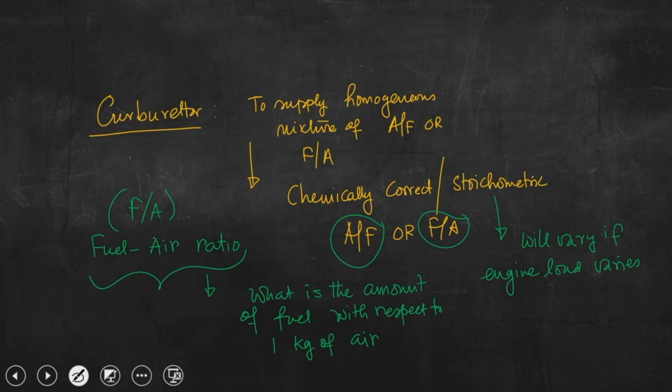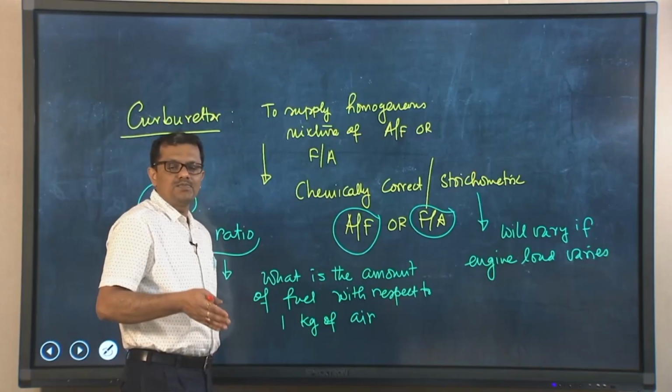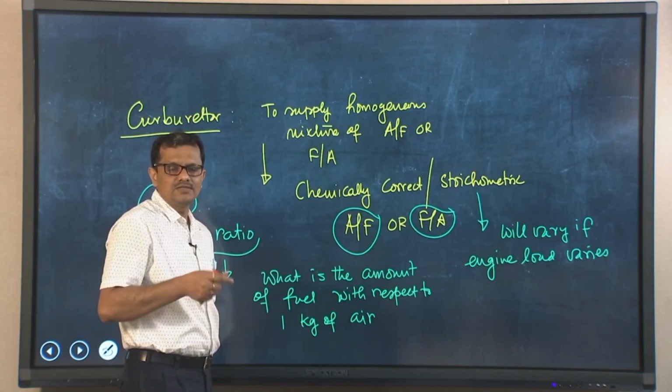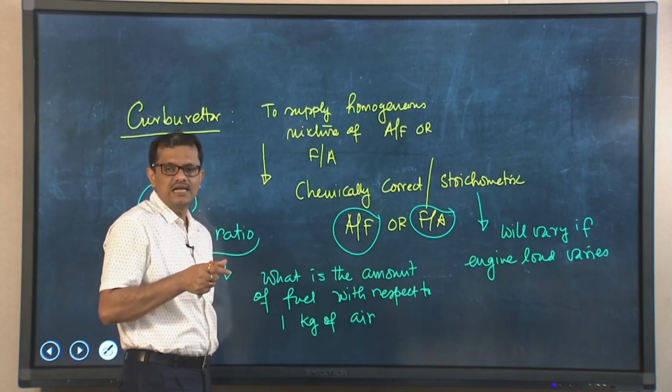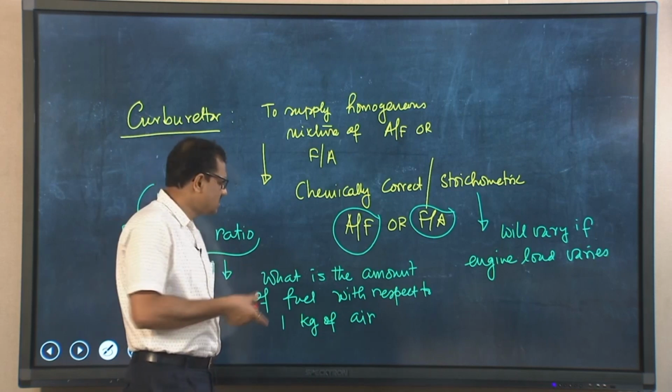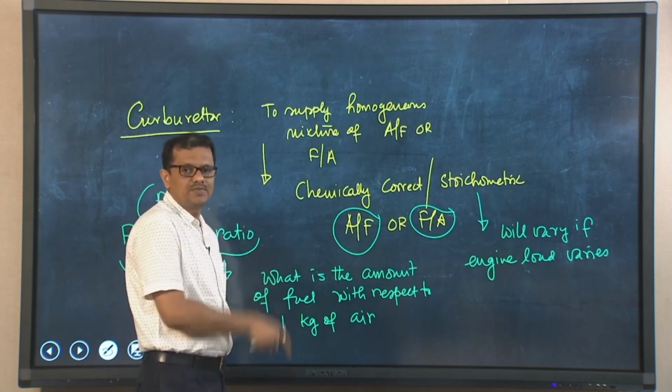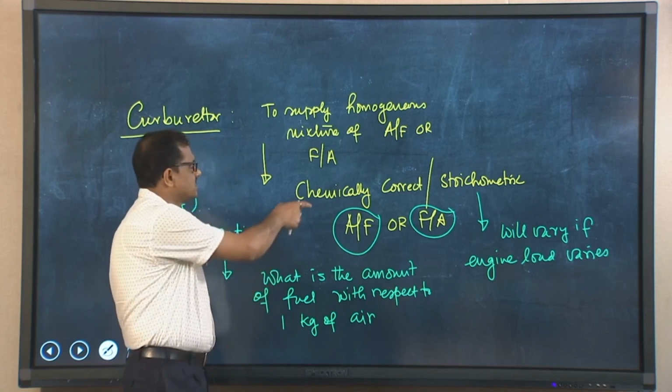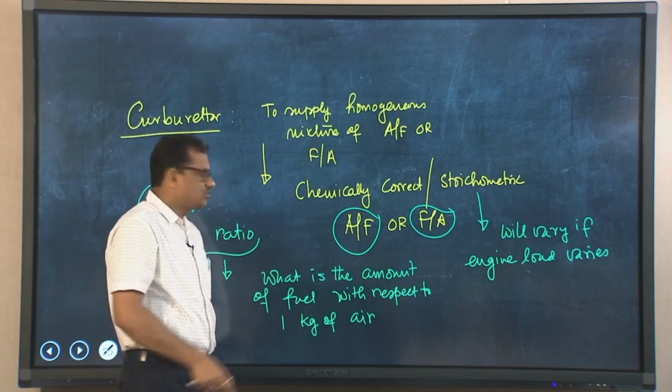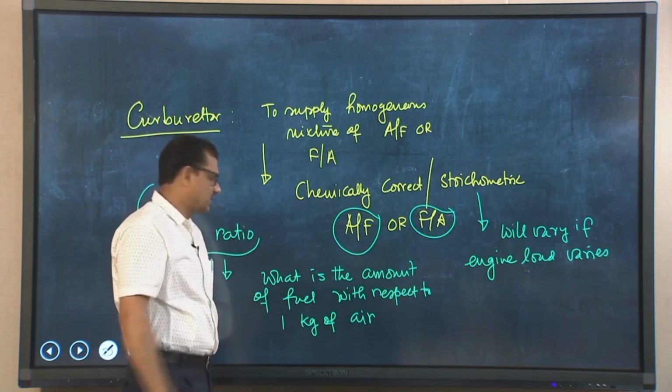That is the chemically correct. We really do not know the amount of fuel needed for a particular condition when the load is constant, and for a given load if we know that this much amount of fuel is needed, then to burn that fuel we need to know the amount of oxygen, the amount of air needed, and that is why we need to supply it using this carburetor.